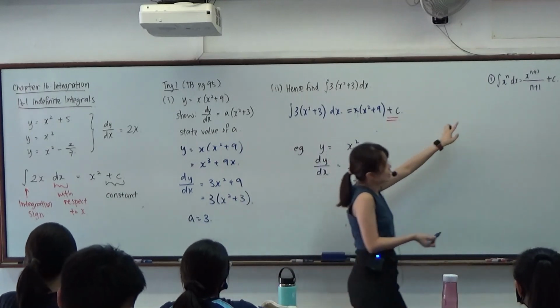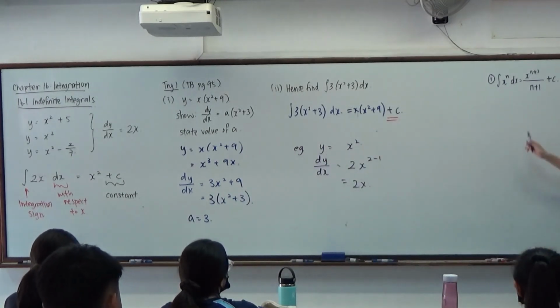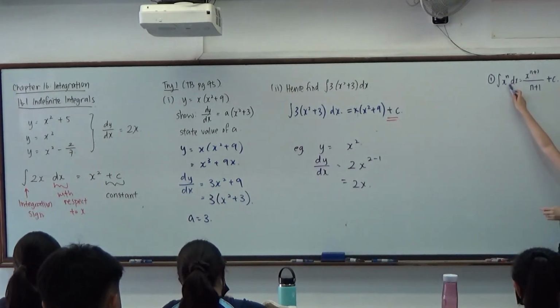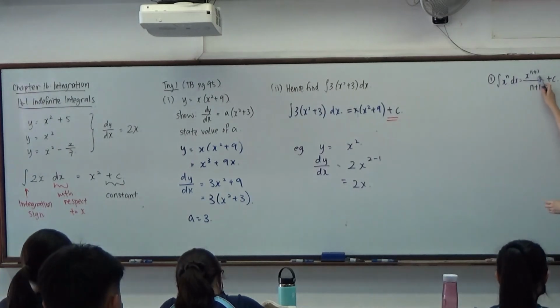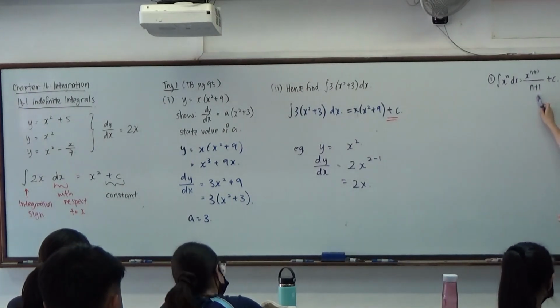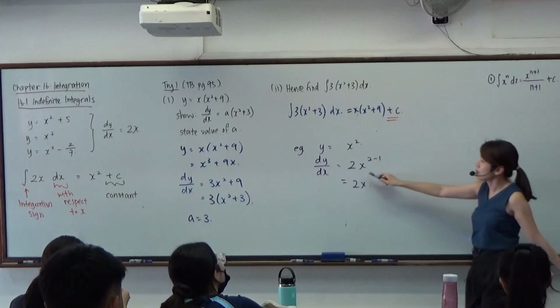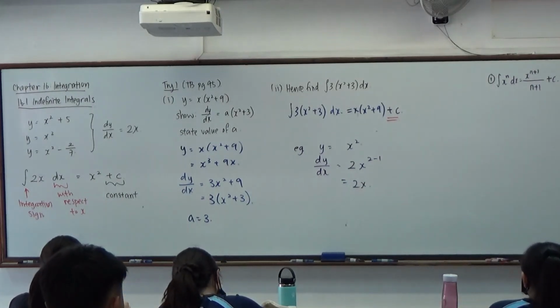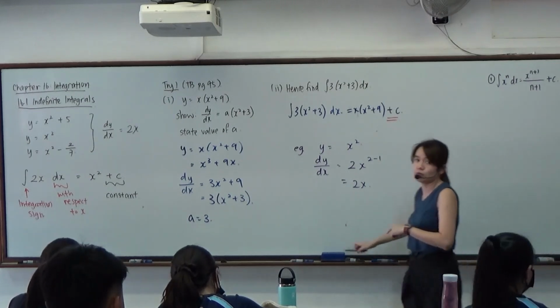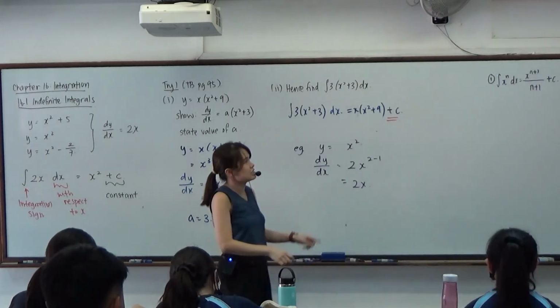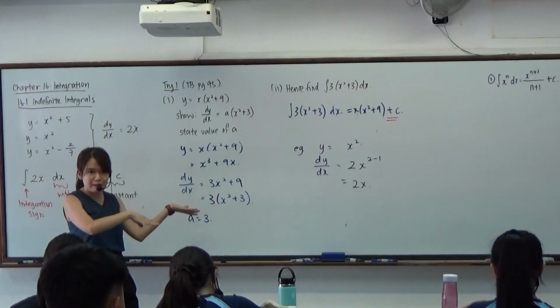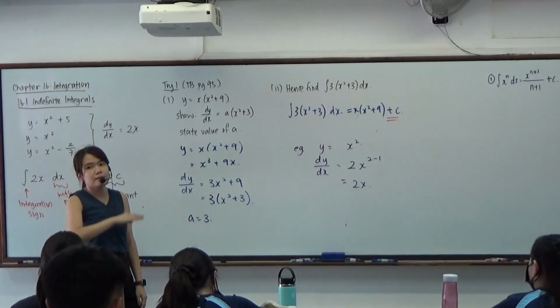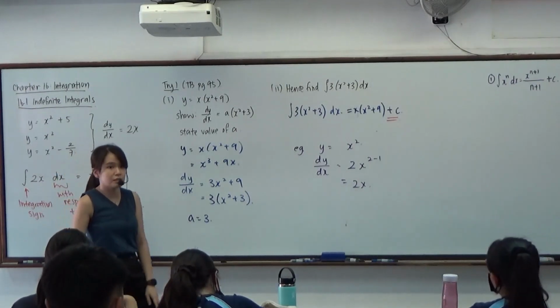Which explains why, in integration, if I'm integrating x to the power of n, our power will plus 1 and I will divide away the constant. Because over here I multiply, so in integration I need to divide. So it is reversing now. Differentiation: minus 1, multiply. Integration: plus 1, divide.